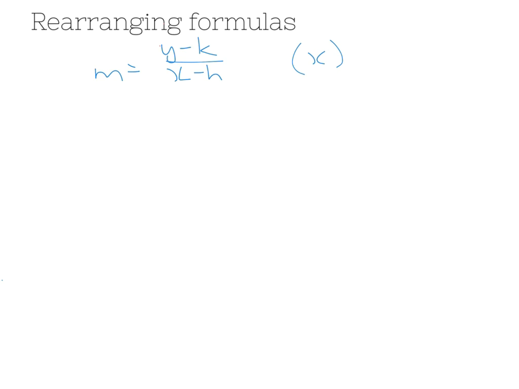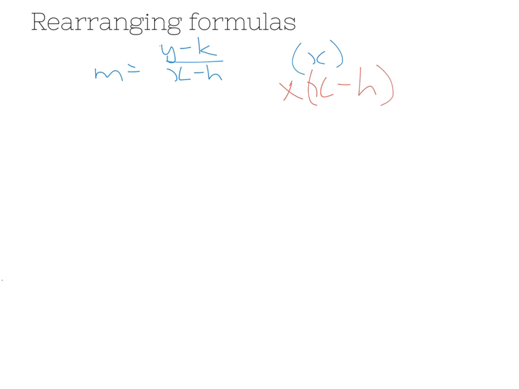M equals y minus k over x minus h. It has to be put in the form x equals. We notice that x is in the denominator. Do we swap sides? No. What we do is we multiply both sides by the denominator. That will remove x out of the denominator position. So I'll just put down a note there that we're going to multiply by x minus h.